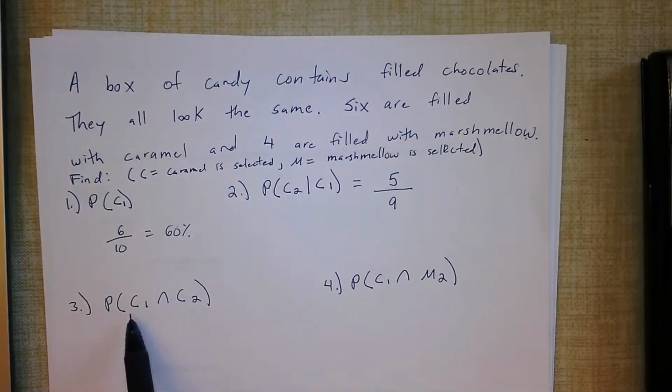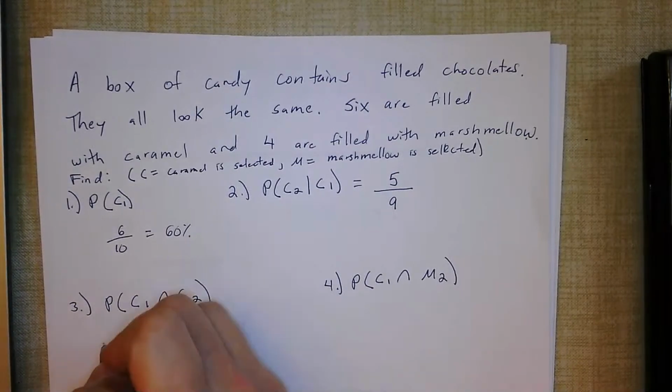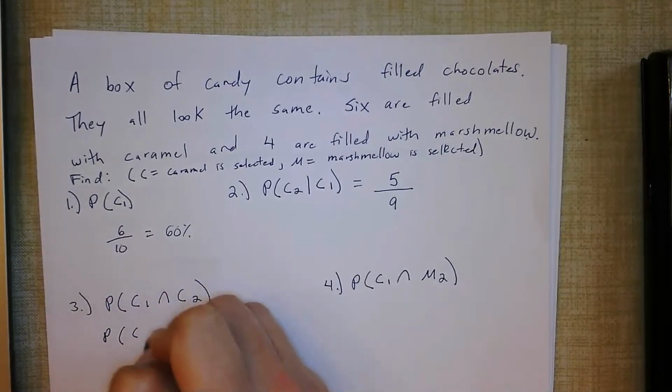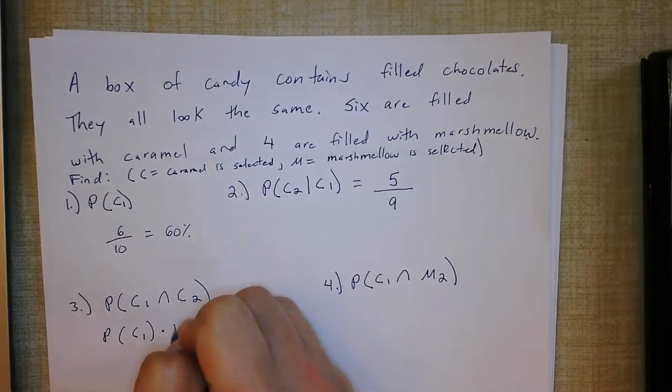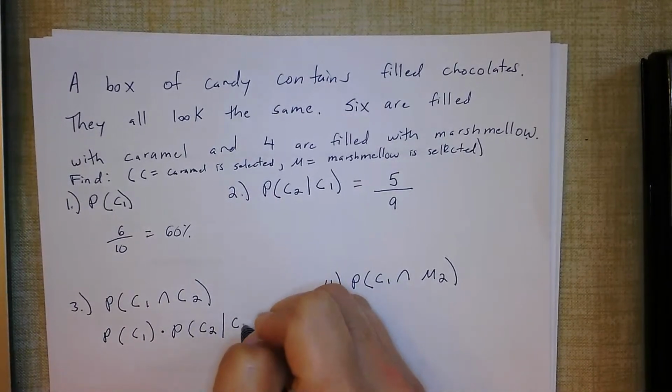All right. So now question number 3 says, what is the probability that caramel is selected on the first and the intersection caramel is selected on the second? We could expand this using the multiplication rule to say probability of C1 times the probability of caramel on the second given caramel on the first.